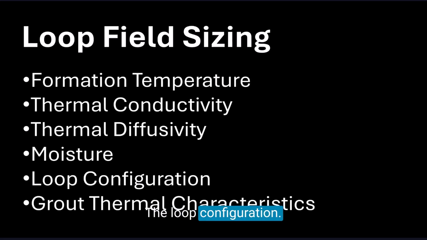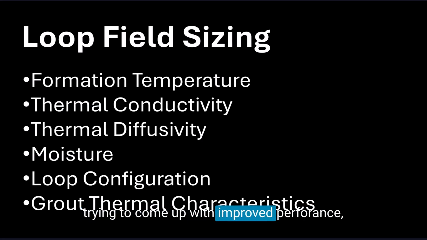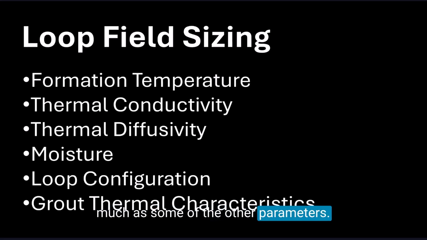The loop configuration. There are so many varieties of people trying to come up with different piping geometries: bisect tubing, spider loops, 4 loops down a single borehole like the Twister. So those all have a bearing, but not as much as some of the other parameters.